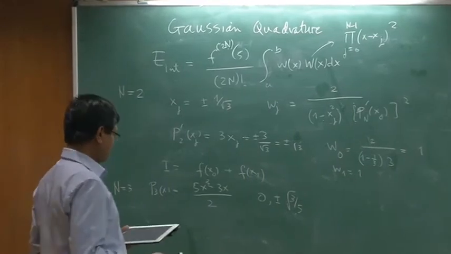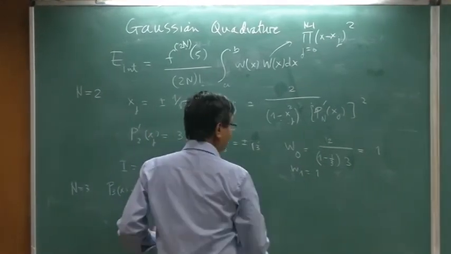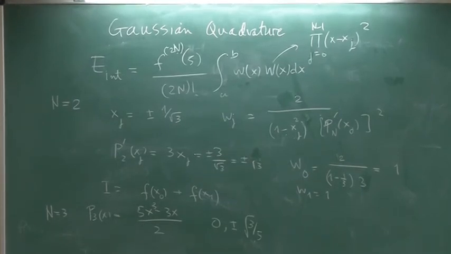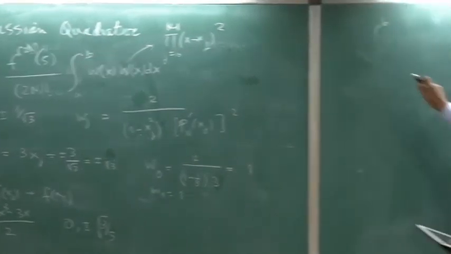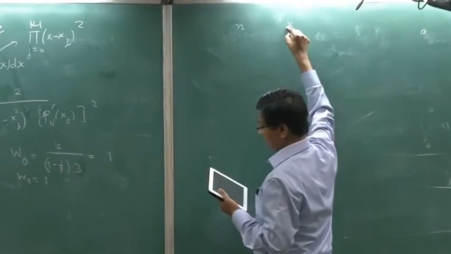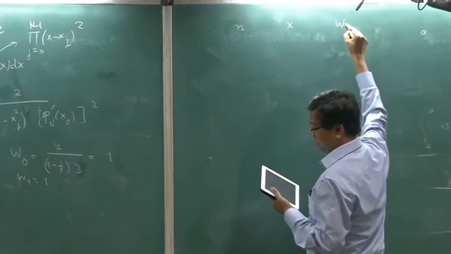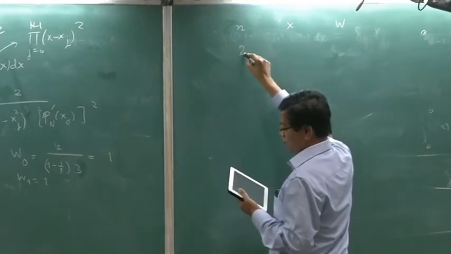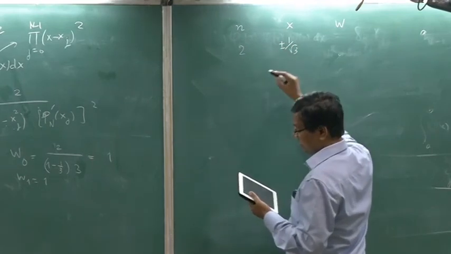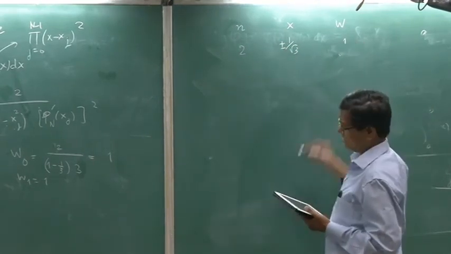Now weights, so in fact people give you in terms of a table, so let me just write the table. You can compute the w's, but it is written, since it is odd and even, it turns out some weights are equal and some abscissas are plus minus. So it is written in terms of a table as follows: n, x, w. For n equal to 2, my x's are plus minus 1 by root 3 and the weights are equal to 1.